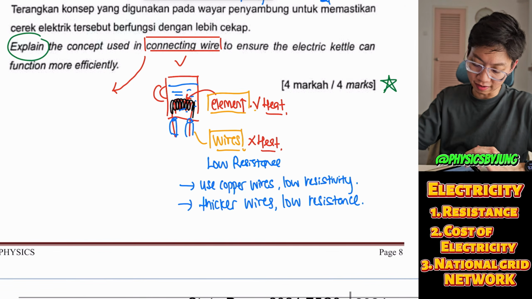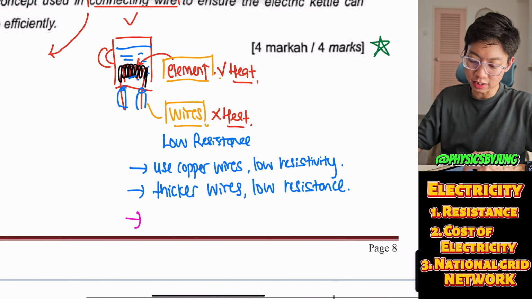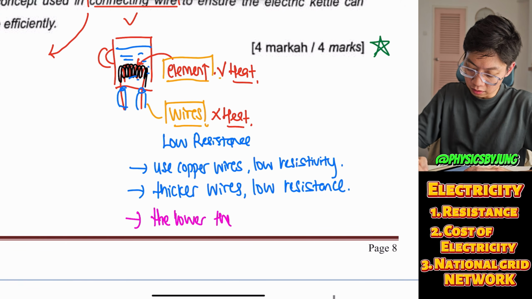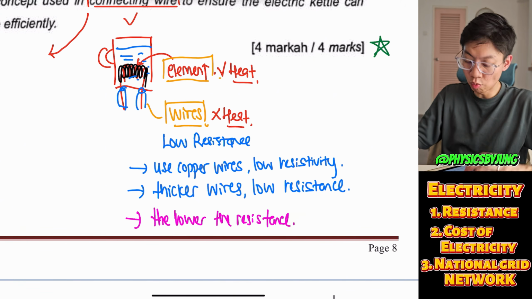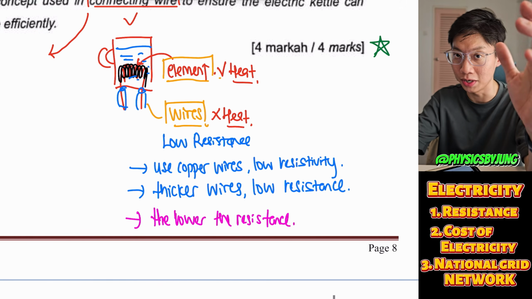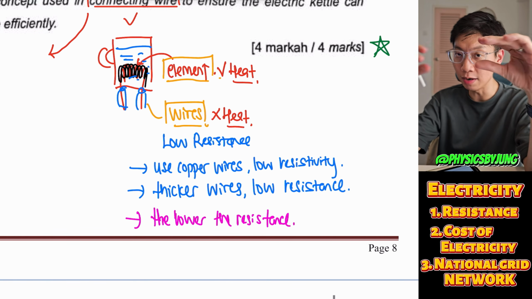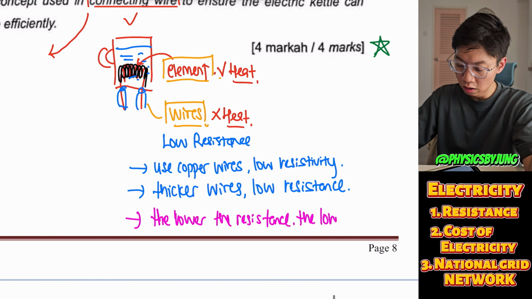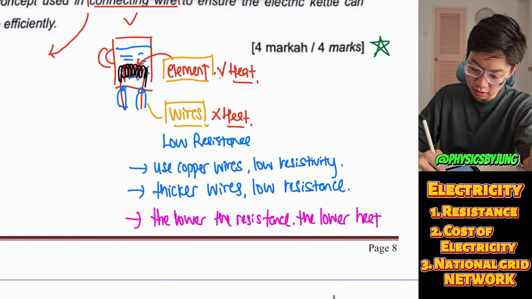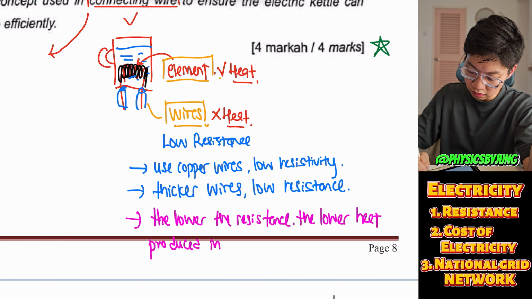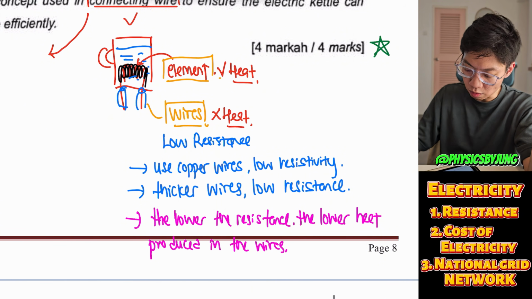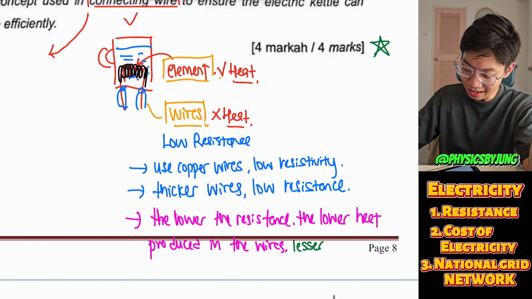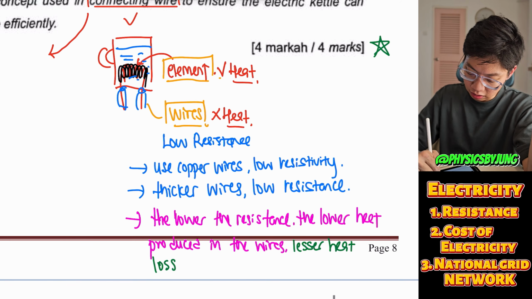In fact, I can add one more point to explain. Sometimes when I don't know how to explain, I will use a relationship to explain. So the lower the resistance, the lower the heat produced in the wires. Therefore there will be less heat loss.